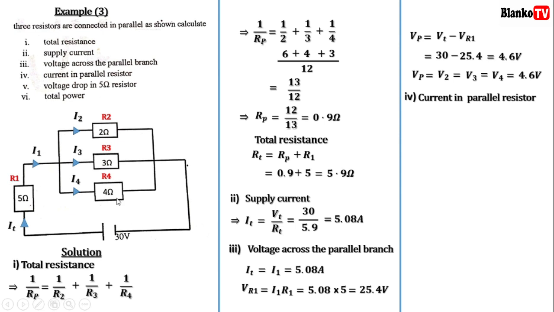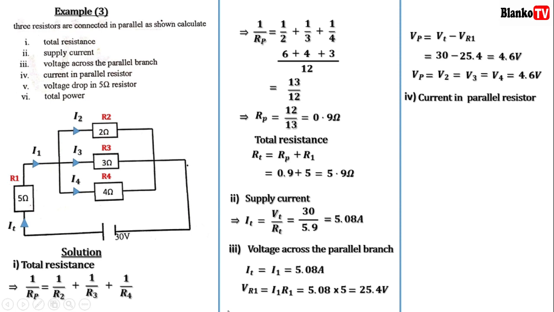So from the diagram we have I2, which is the current that flows through resistor R2, I3, the current that flows through resistor R3, and then I4, which is the current that flows through R4. And we are to calculate the current in the parallel resistors, that is I2, I3, and then I4.